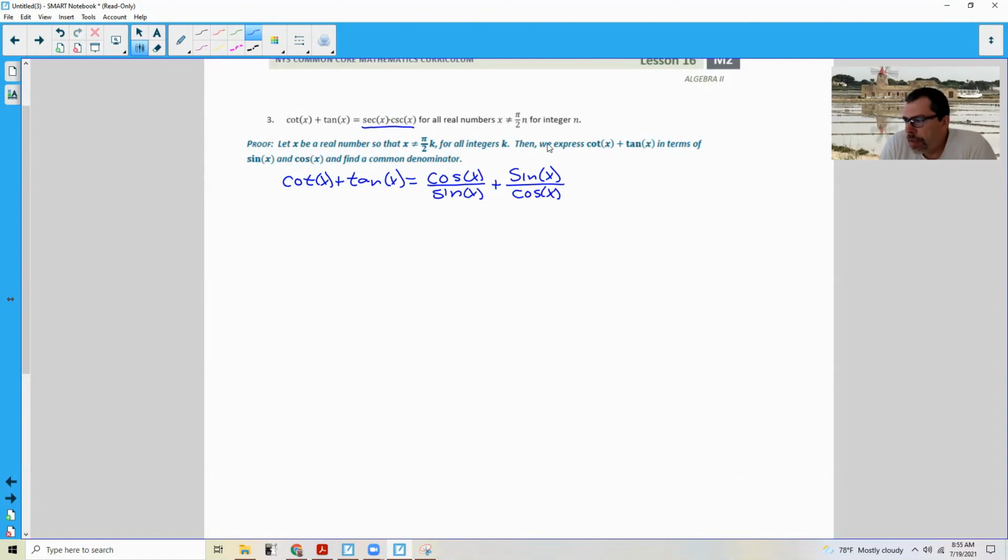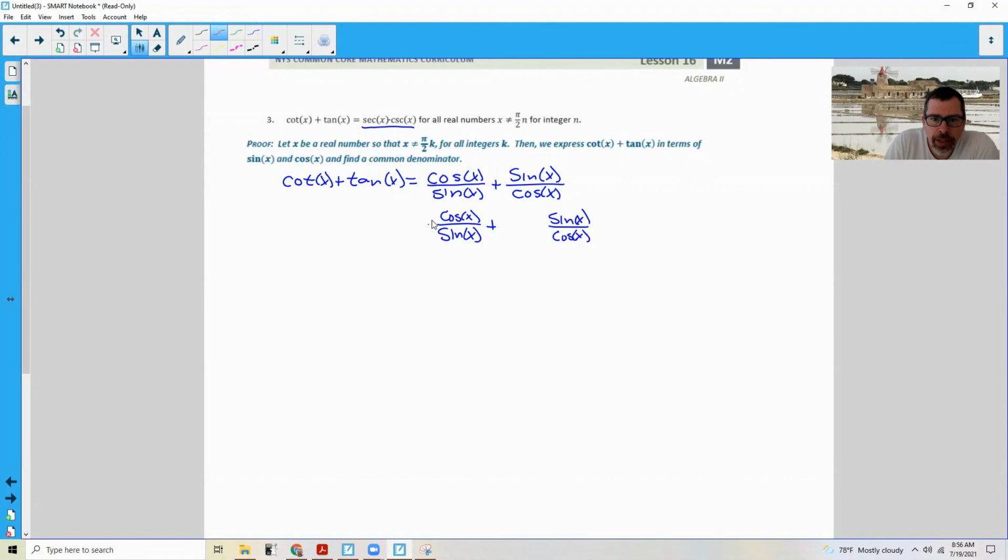Now I need common denominators if I'm going to add fractions. So if I have cosine x over sine x and sine x over cosine x, I need a sine x times a cosine x in the denominator.